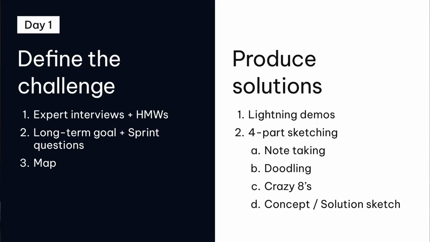All right, and jumping in deeper into what this actually looks like for day one. Day one, we have the first half as defining the challenge and the second half as producing solutions. So the exercises specifically around defining the challenge include expert interviews and how might we's. An expert interview takes about 10 minutes and we're having key stakeholders and everyone with relevant information giving discussions and speaking to the problems, the challenges, everything that is in that stakeholder's mind about the specific product or service.